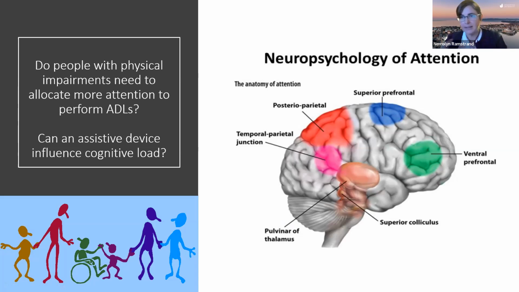So we're talking about attention only here. You could also potentially measure motor activities and different things, but what I'm particularly interested in is this concept of attention. And we see increased activity in this dorsolateral prefrontal cortex area of the brain when that is the case.